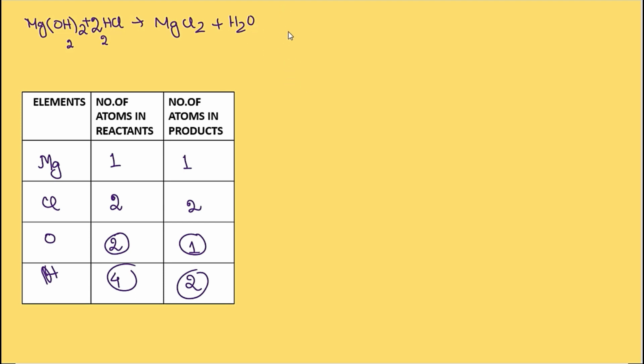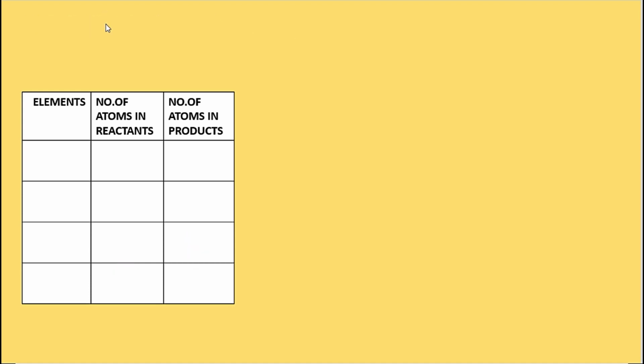So let's write down the previous existing equation, that is Mg(OH)2 plus 2HCl gives MgCl2 plus H2O.